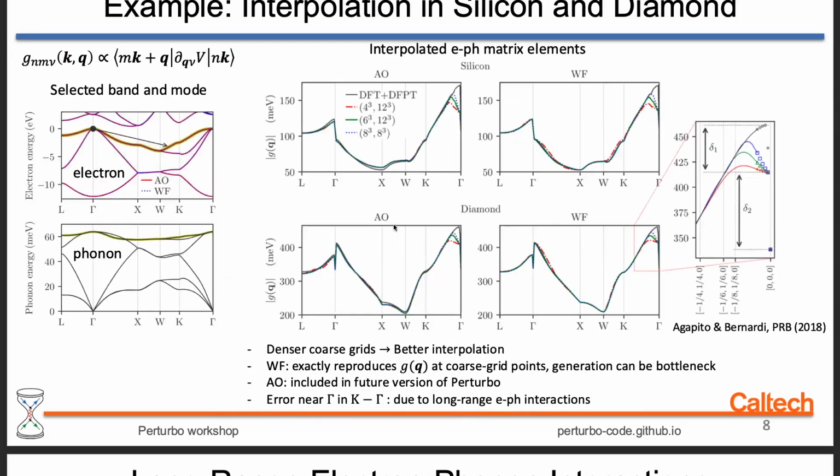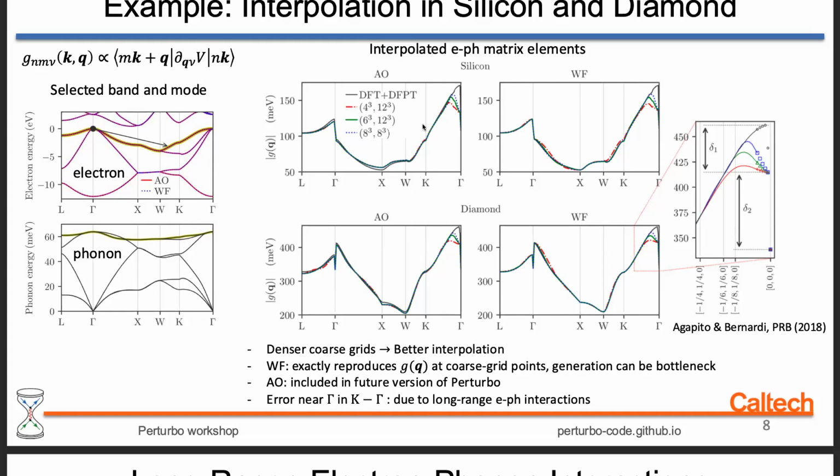Here's an example of what the interpolation looks like for a particular valence band and optical phonon mode in silicon. This is a plot of the coupling at different coarse Q grids with atomic orbitals and Wannier functions.